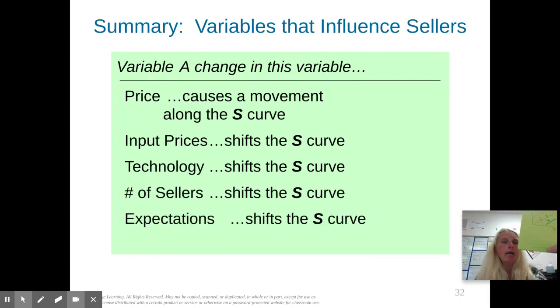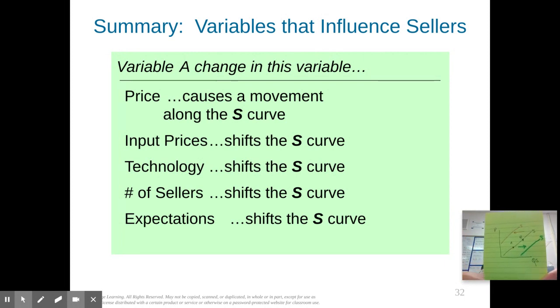Now let's look at TIES, okay? If it's any of those four things, technology, input costs, expectations, or the size of market, if any of those four variables change, then it's going to be a shift of the entire curve. You can see if it's a shift to the red line, that means that supply is decreasing. And if it's a shift to the green line, that means that the supply is increasing.